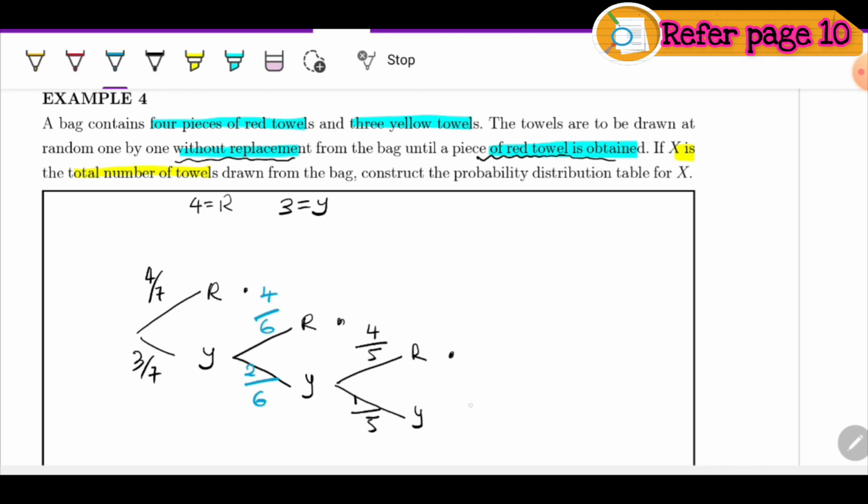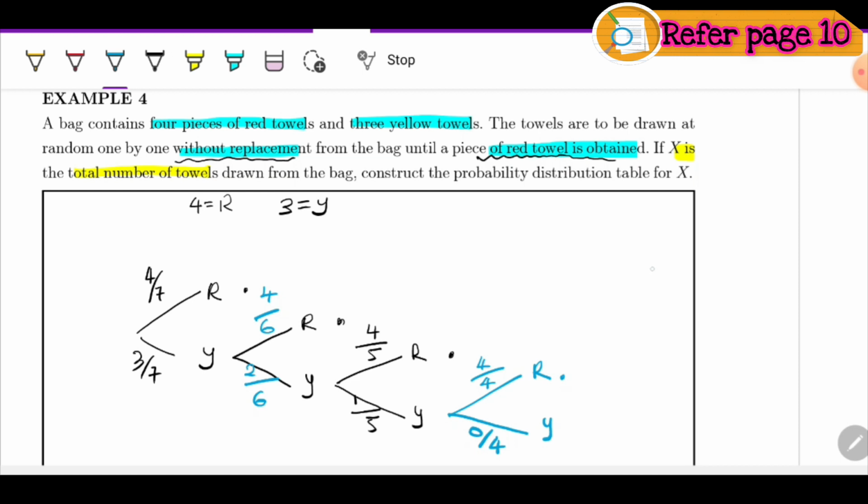Continue the process if we get a yellow towel for the third draw. So for the fourth draw, we could get either red or yellow. The probability for yellow towels is 0 out of 4, and for red towels is 4 out of 4.